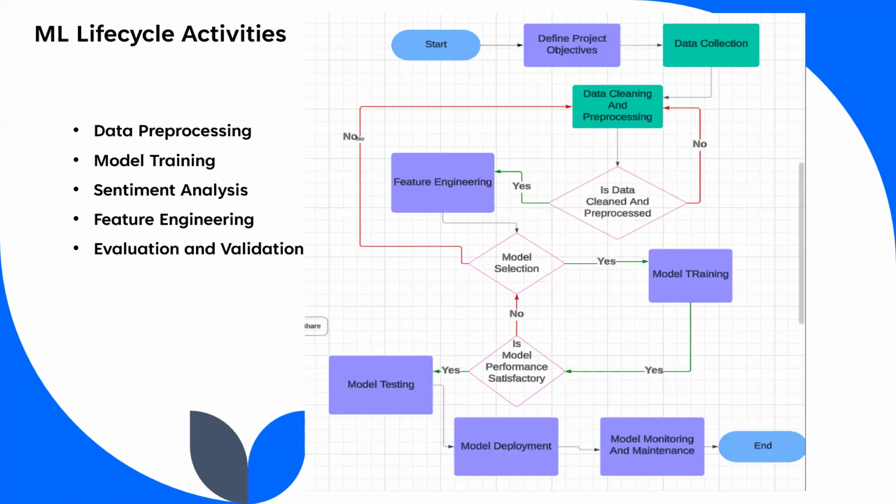For example, we are doing a language translation of a text. So the sentiments have to be translated correctly. So that's one of the measures to gauge the performance of the model. And then if the performance of the model is satisfactory, then we go ahead, perform model testing.